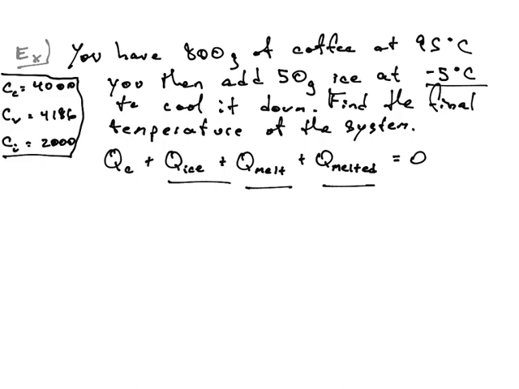All right, now that that's done, let's start putting numbers in. Q coffee, I've got Cm delta T for coffee. Then I'm going to have a Cm delta T for ice. Then I'm going to have an M times L to melt the ice.